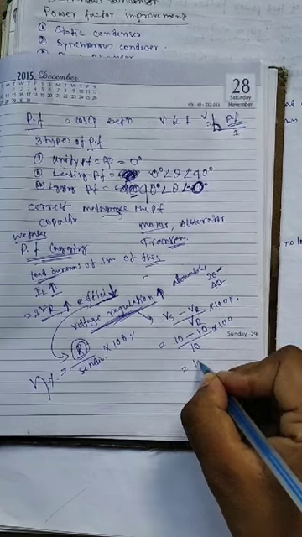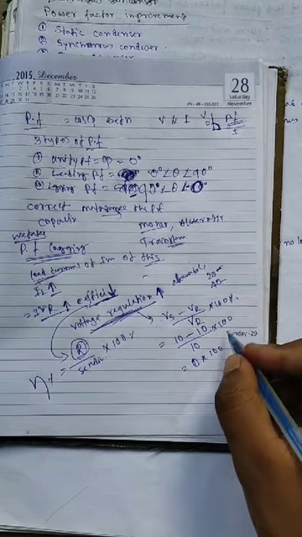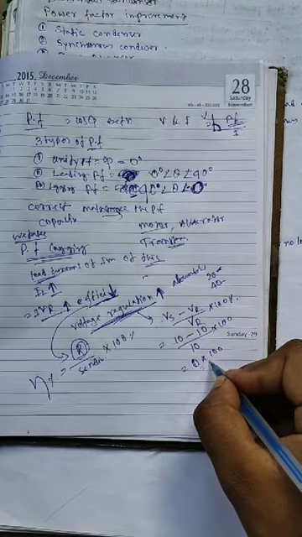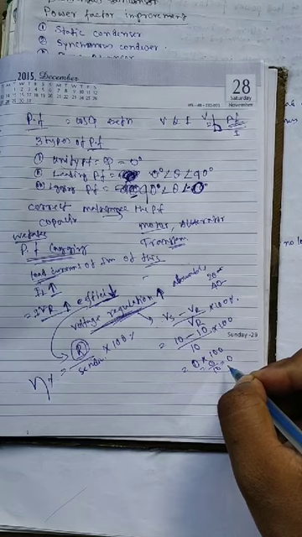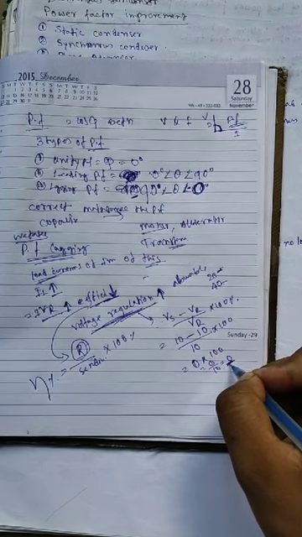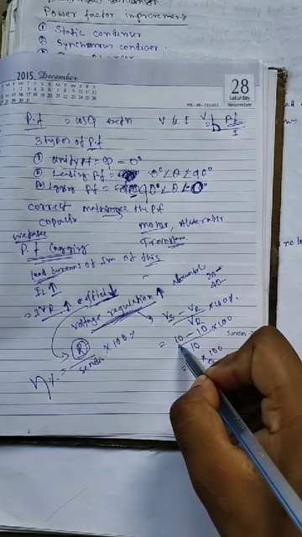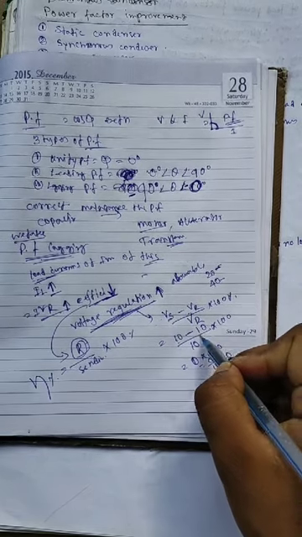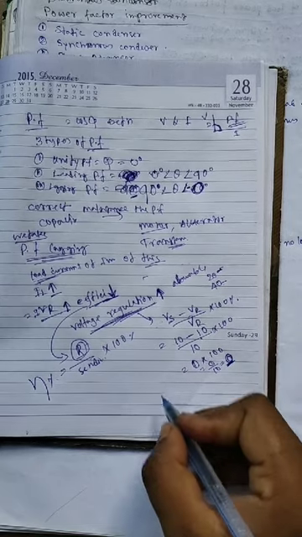That means 0 multiplied by 100, this is 0. Sending end voltage is 10 and receiving end voltage is 10, so we get 0 voltage regulation.